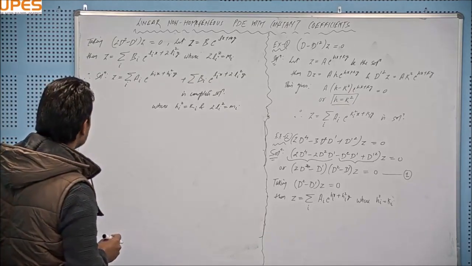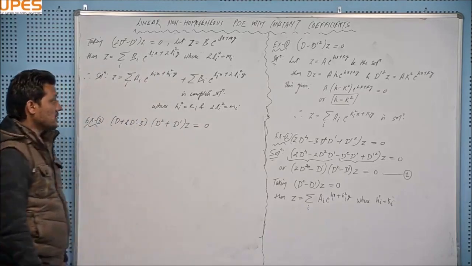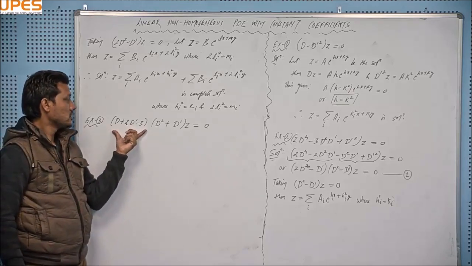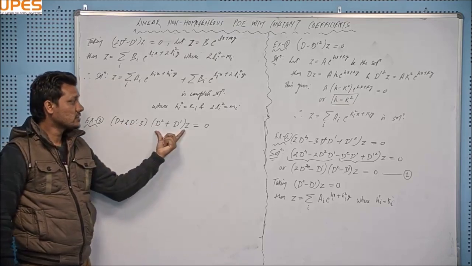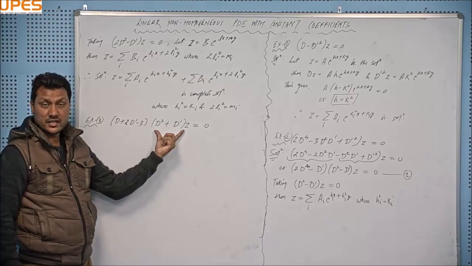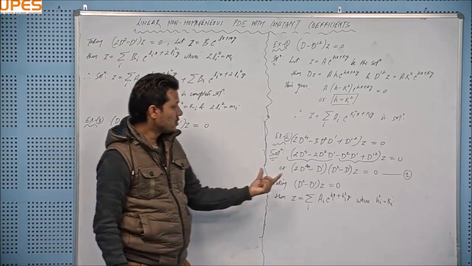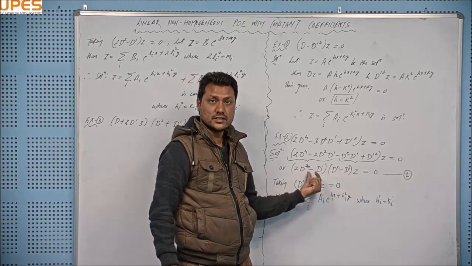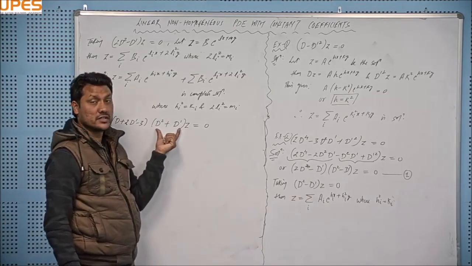So, taking another example, equal to 0. In this example we have taken one factor which is already a linear factor, see these powers, and another factor which is non-linear and non-factorizable. In the previous question they both were factorizable linear factors, and in this question one is already factorized and the other cannot be factorized.